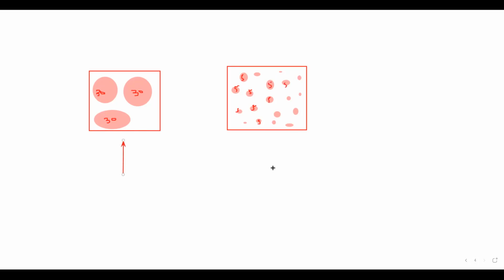We are heating both of them. Which one do you think the particle will move faster? Lighter or the heavy particles? So which material do you think the particle will move faster?